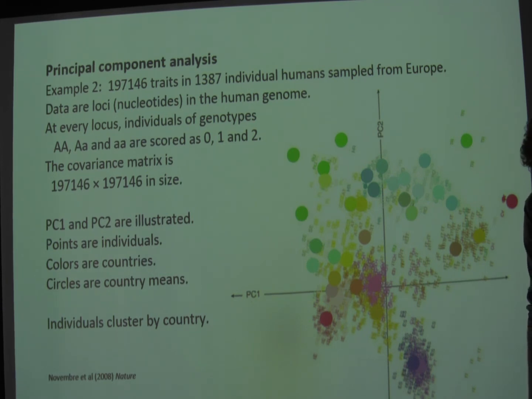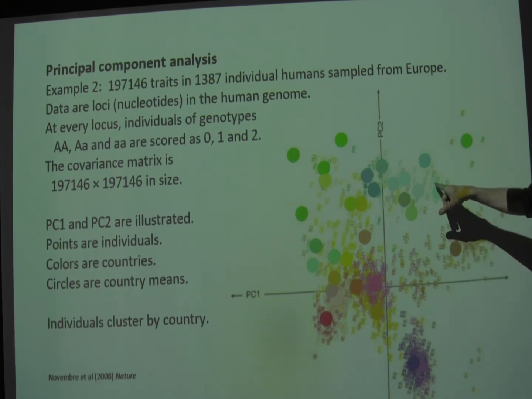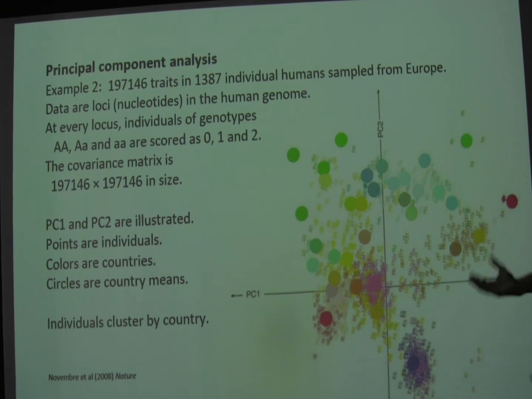So it's amazing how such a drastic reduction in the number of dimensions produces something relatively sensible. And why is it the case that individuals that live in the same country tend to be nearby on this space? The answer is that people who live in the same country are genetically more similar to one another because they're more closely related if you looked at the entire genealogy of Europe.